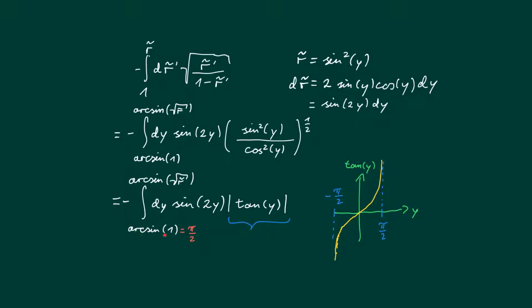So this is the arc cosine of 1 is pi half, restricting of course the angle to be between 0 and 2 pi, and the other limit goes to 0, since the distance is getting smaller and smaller, and arc cosine of 0 is 0, and the tangents is positive between 0 and pi half, so we can drop the modulus here.